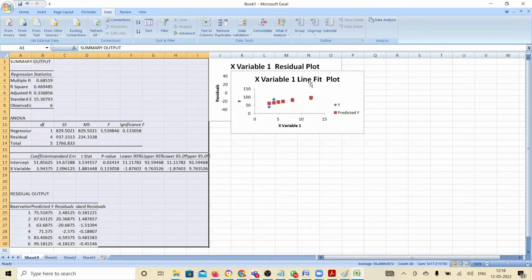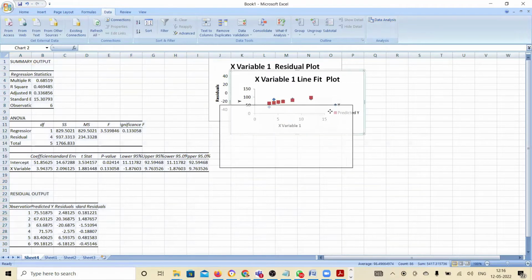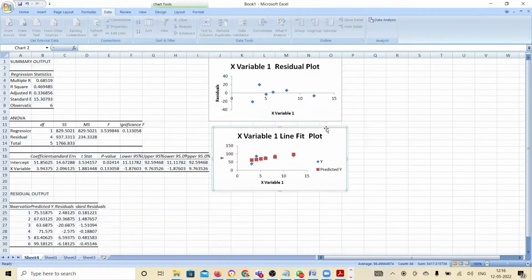Did you get it? What happened? Yeah, it created all the metrics for a regression. So what we just did is we performed linear regression on our data. It has given us a lot of data.